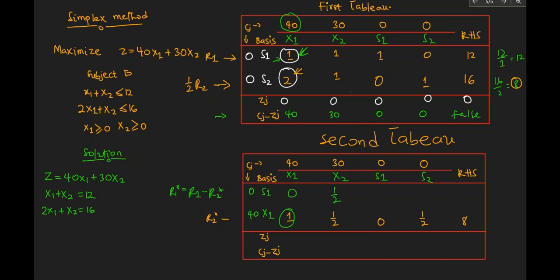Now the next value is 1, and we are subtracting this 0 from it, so you are still going to have 1 here. The next value is 0, then subtracting half from 0, so you're going to have minus half here. Then the next value is 12. Subtracting 8 from 12 gives us 4. So we'll have 4 here. So this will be our table.